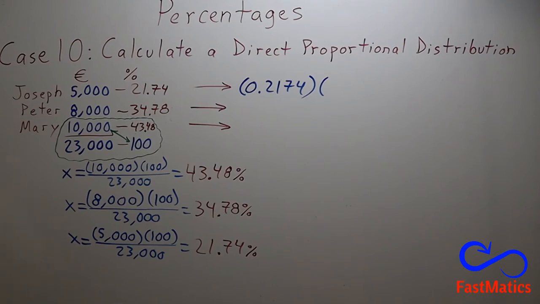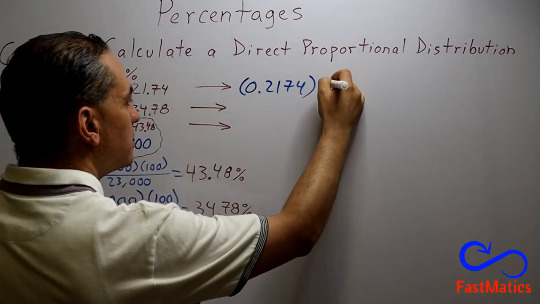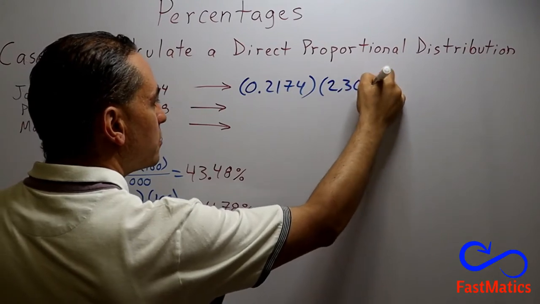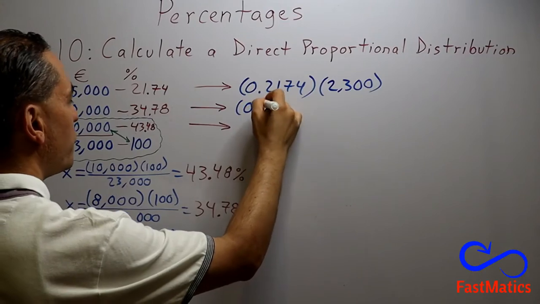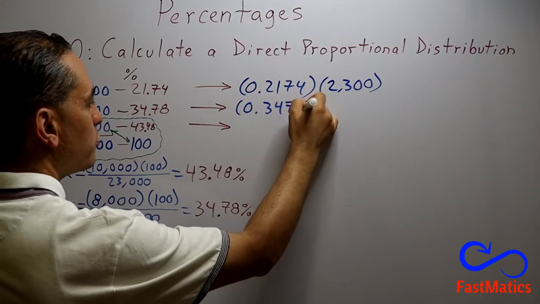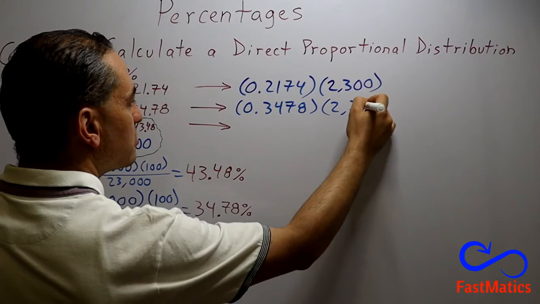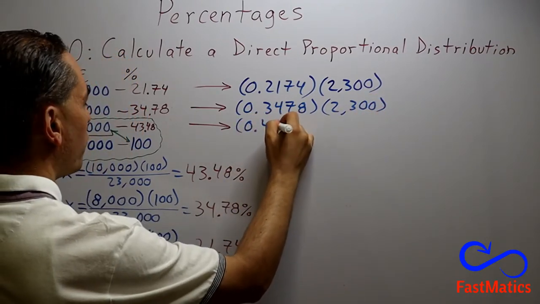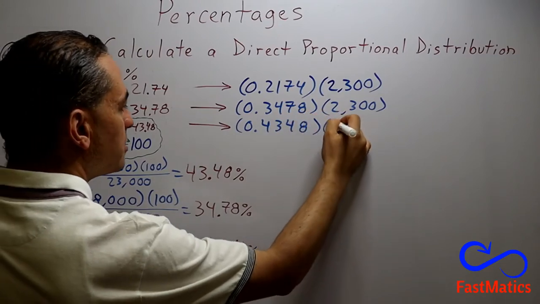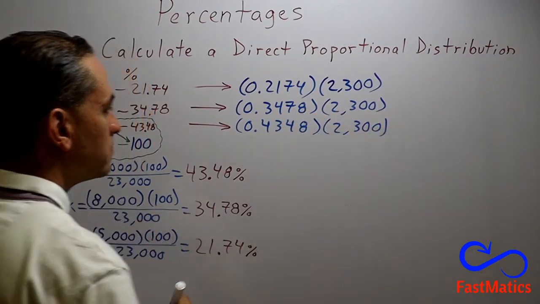You are going to multiply that percent times the money you are going to share. If we want to share 2,300 euros between them, because that money is the profit, you are going to multiply the first percent by 2,300. After that, we multiply 34.78% times 2,300 euros, and after that 0.4348 times 2,300 euros.